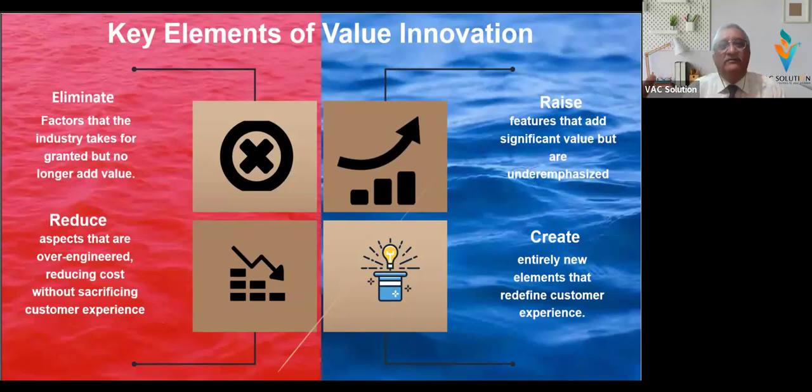But where do you do it? Don't you think that is a question which is very relevant? For any person, knowing what to eliminate, what to reduce, what to raise, and how to create, where to create is a very, very important thing. At least, in case of raise and create, when you do a survey, you can easily find out.